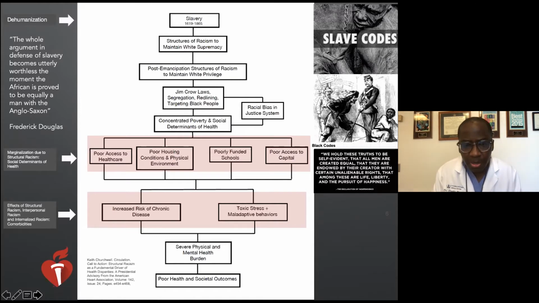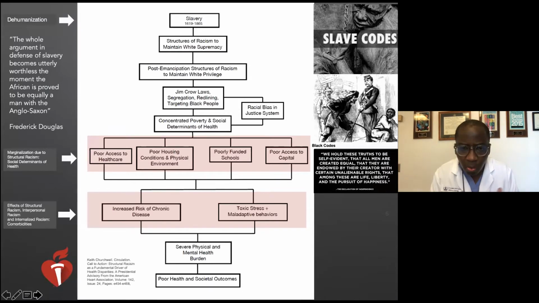And so what happened back then was that Black people had poor access to healthcare. That's the healthcare context. They had poor housing conditions, poor physical environments, that's the physical infrastructure context and the environmental context, poorly funded schools, the educational context, and poor access to capital. The types of employment that were available were very menial jobs, hence the economic context.